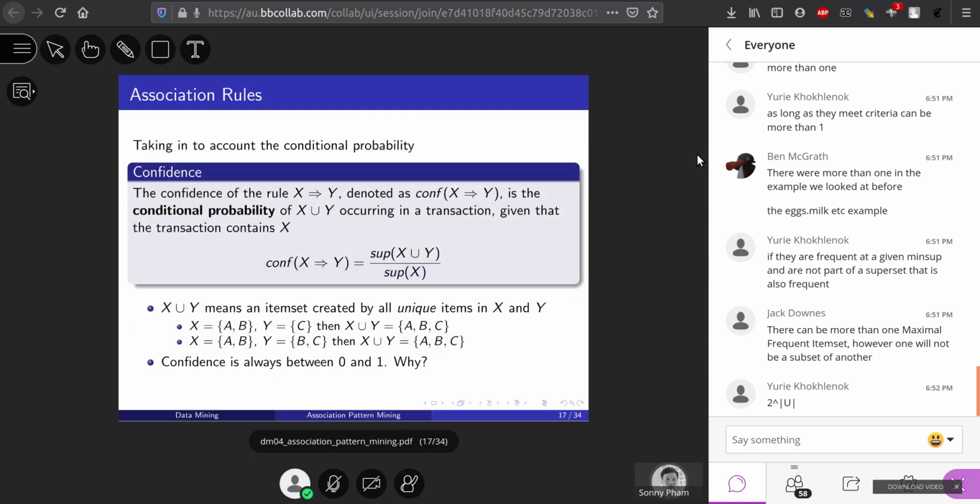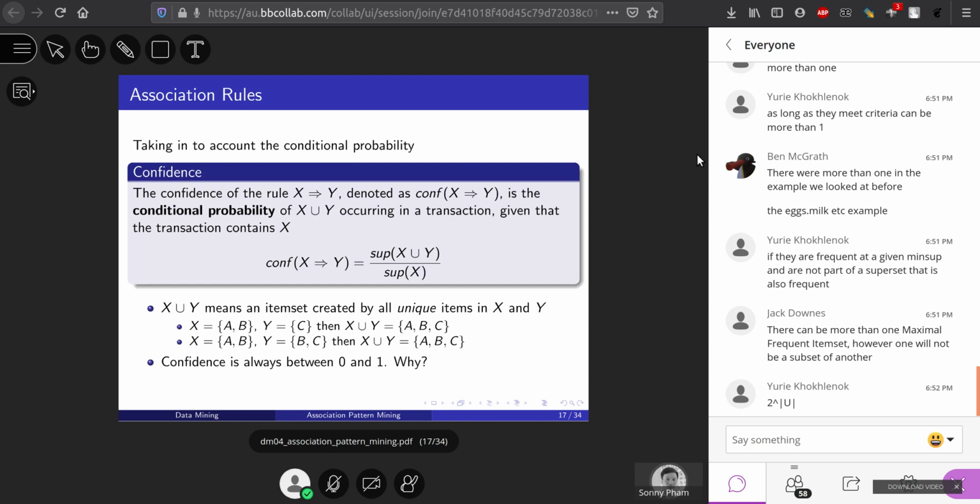A couple more concepts. The first one is the confidence. This is basically the conditional probability of X and Y occurring given that the transaction already contains X. So X has already happened. What we are interested in is how likely it is that Y will also happen.